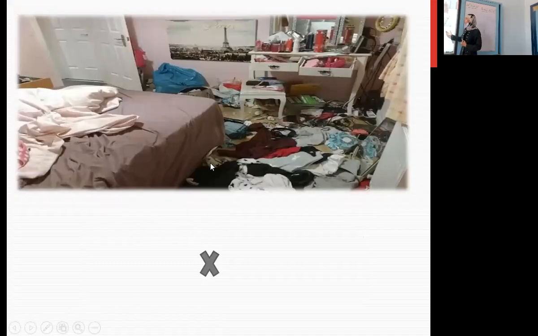And what can you see in this picture? The clothes are on the ground, the drawers are open, all things are on the ground, and everything is untidy. So we can say that this room is a mess.